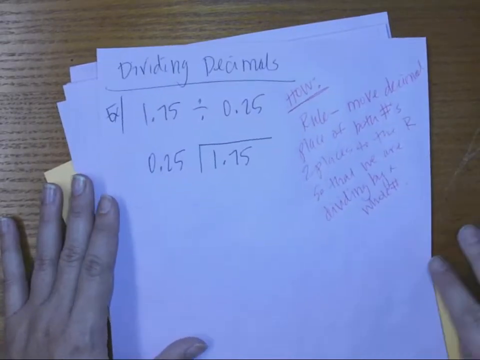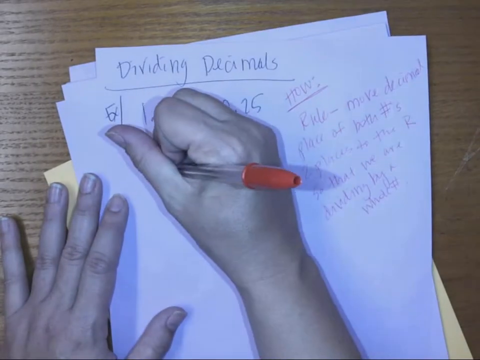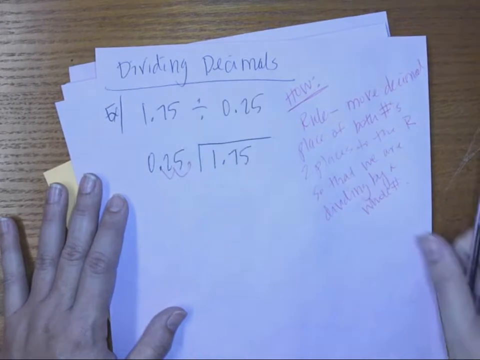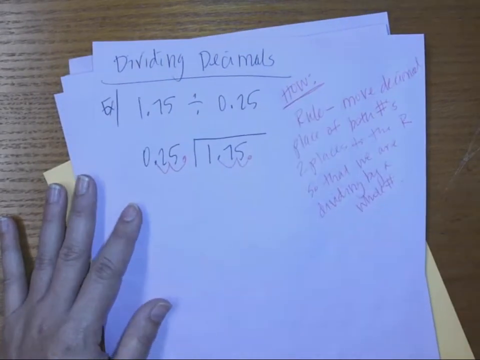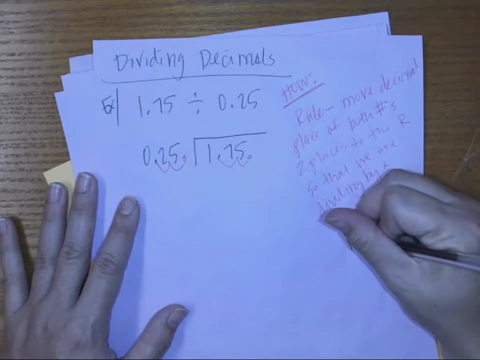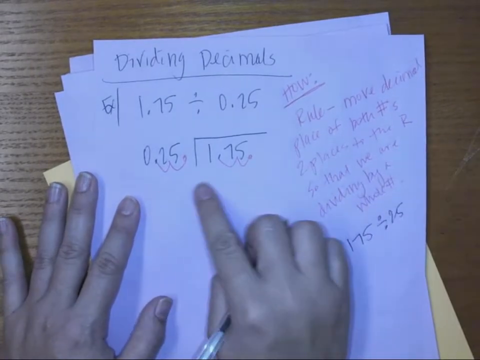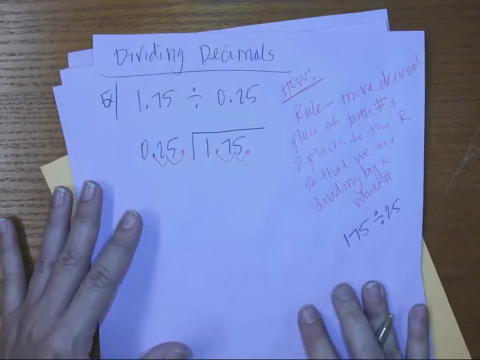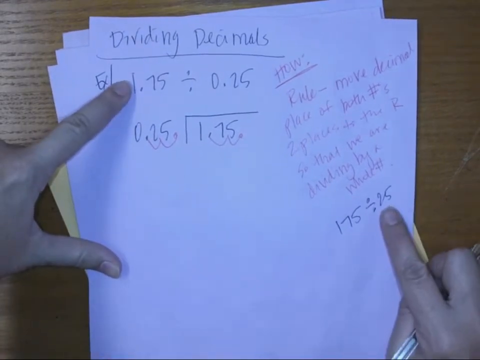When I move the two decimal places over, the number on the outside becomes 25, and the number on the inside becomes 175. So basically, I'm changing my problem into 175 divided by 25 by moving those 2 decimal places. In a minute, we'll explain why this is the same as that.